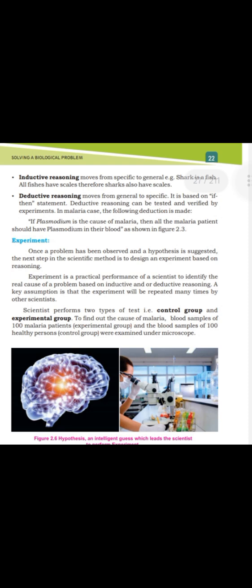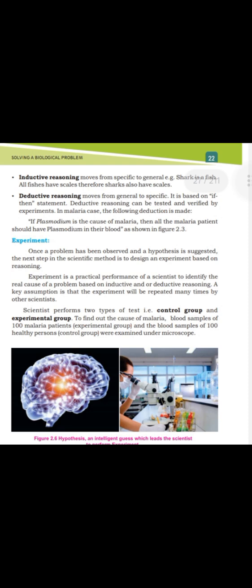And the scientists took the samples from both the groups and observed under the microscope, and what they saw was that only the blood of malarial patients contained the plasmodium.